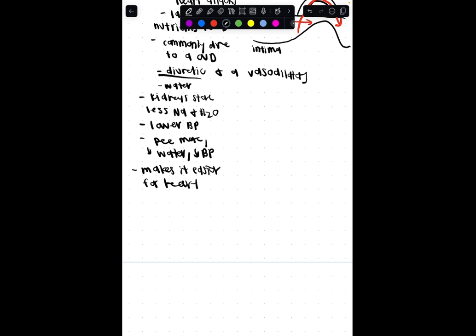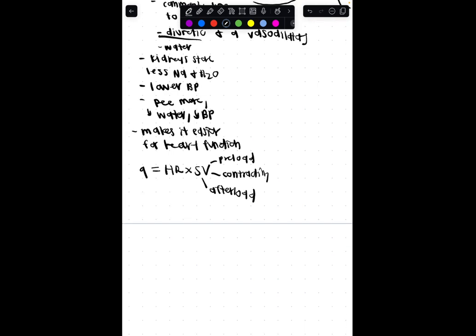Why though? So there's something called Fick's equation, which is a measure of cardiac output. So Q equals HR times stroke volume. Stroke volume has three main factors, which is going to be preload, contractility, and afterload. And when we have increased blood pressure, when we have more blood at a higher pressure in our arterial system, it presses more on the aorta.